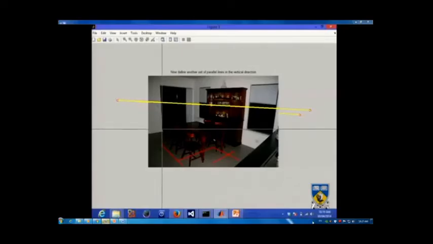Okay, so now vertical. Reference object, we have given it the cupboard. Top of the object, okay, let's see what the hutch height is.